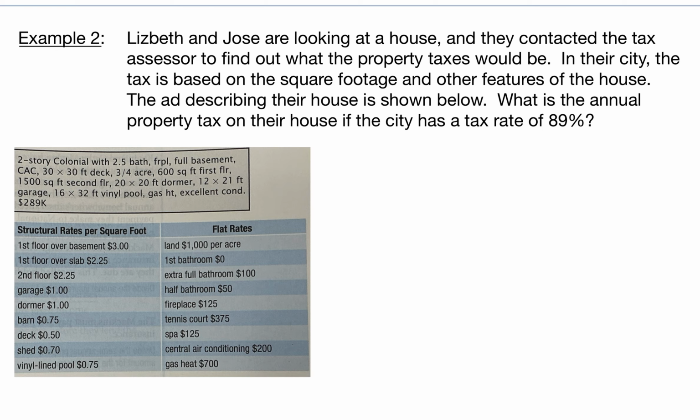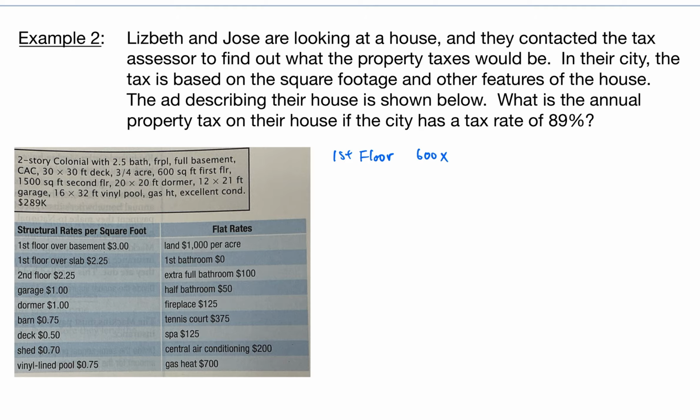Okay, so the first thing we want to do is determine the assessed value, and the first item that we would look for is the first floor square footage. Okay, so we see that the square footage of the first floor is 600. So let's go ahead and notate that. So first floor, that's 600 square feet.